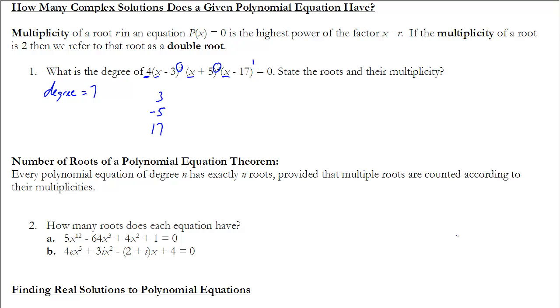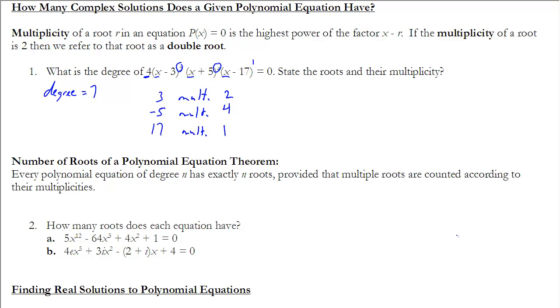Now, their multiplicities are dependent upon the powers on each factor. Since x minus 3 has a power of 2, it's going to have a multiplicity of 2. And x plus 5 has a multiplicity then of 4, and 17 would have just a multiplicity of 1.